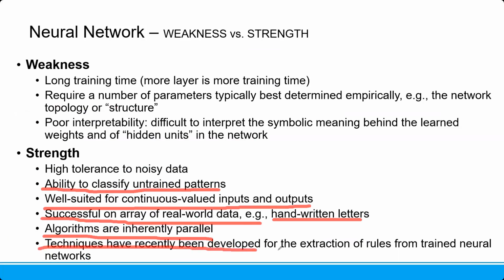Techniques have recently been developed for the extraction of rules from trained neural networks. So you already know the word pre-trained. For example, nowadays it is very popular for the LLM, large language model.